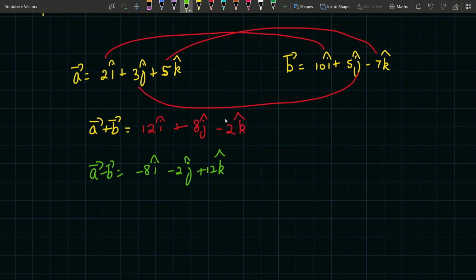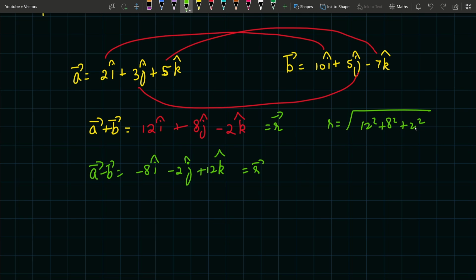Previously we saw how to add and subtract two vectors. That was a little more difficult than this, but this is very easy, and we found the resultant vectors in both the cases. And if you want the magnitude of the resultant vector, just take the magnitude of this. Here r becomes root of 12 square plus 8 square plus 2 square. That's all. You can ask me, here it is minus 2.